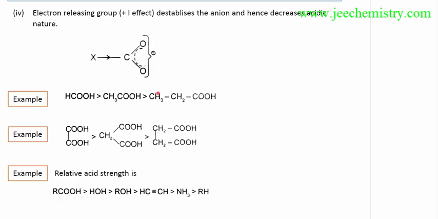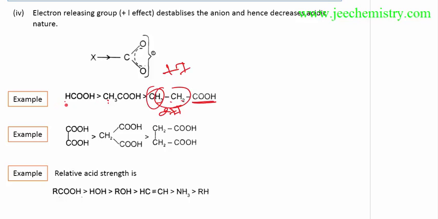Now this group has a plus I effect. This one has 1 plus I effect. This group is providing 2 methyl, this is providing 1 methyl, and this has no such group. This is ethyl, and ethyl provides more plus I effect than methyl.